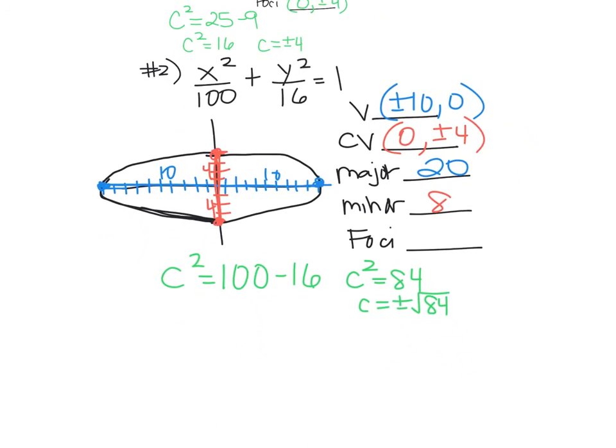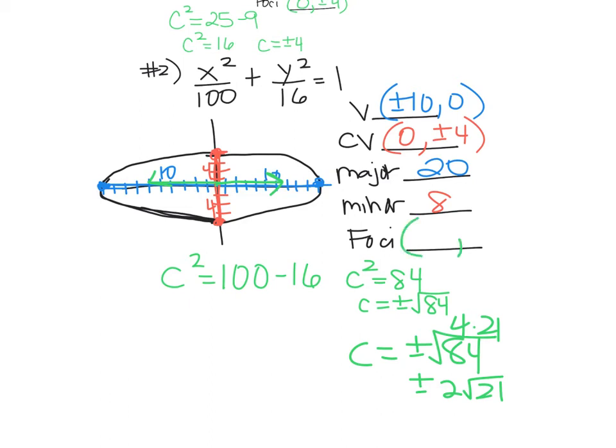And I don't know if you remember, but we're not supposed to leave that because there is a perfect square in 84, and that perfect square is 4 times 21. So this is really plus or minus 2 rad 21. Now, are those ugly points? Yes. That's okay, though. All right, so that means from the center, our foci go a distance of plus or minus 2 rad 21 in each direction.